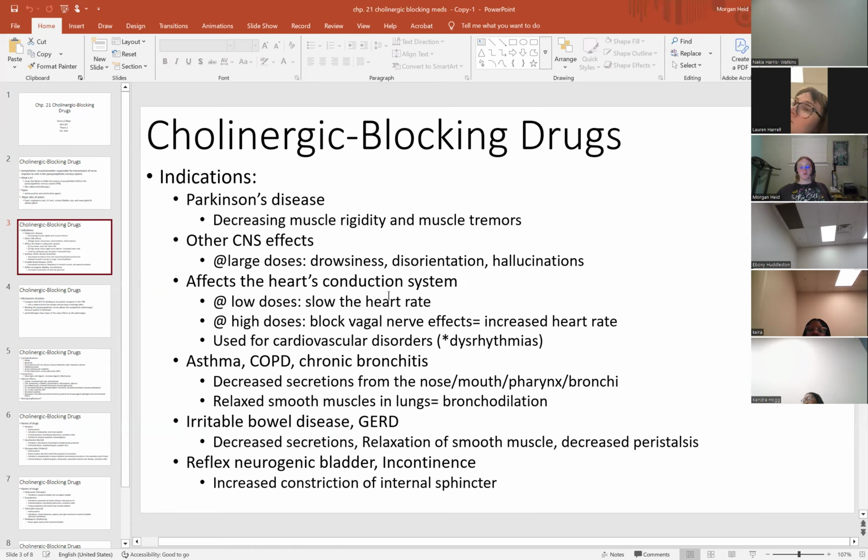Yes, if I do give low doses, it will cause bradycardia, which I don't want, because that's what I'm trying to avoid, because that's what happens with the cholinergic. I want to block that from happening. I want to cause tachycardia, or raise the heart rate because it's low. So I have to give you a higher dose of an anticholinergic in order to reach that desired effect. And this is going to be like your atropine.